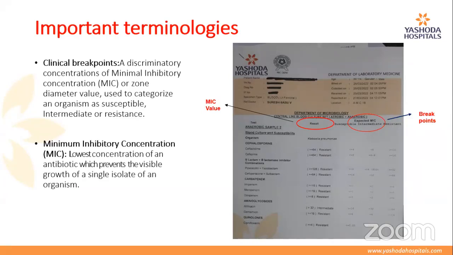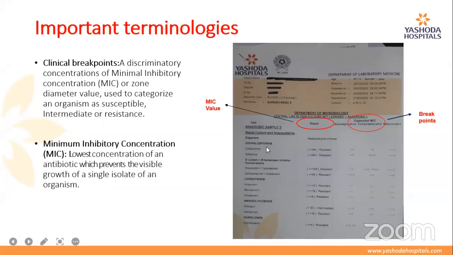These expected values are actually the breakpoints. These breakpoints can be susceptible breakpoints, intermediate breakpoints, and resistant breakpoints. So whenever we get this kind of report, we have to see what is the correlation between this MIC value and the expected value.